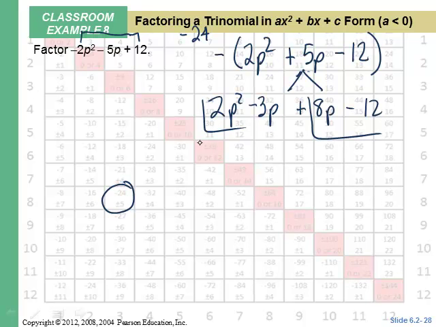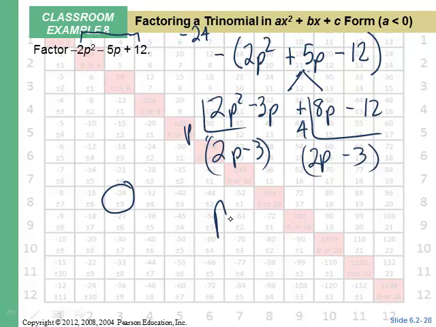Okay. So factor a p out of the first one, so we're left with 2p minus 3. Factor 4 out of the second one, so we're left with 2p minus 3. So our factored form is 2p minus 3 times p plus 4 times negative 1.